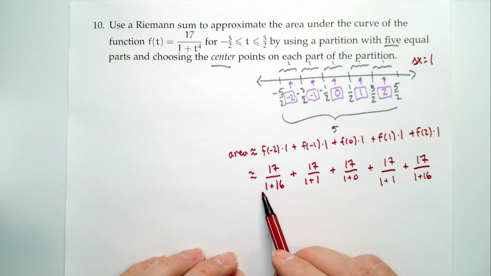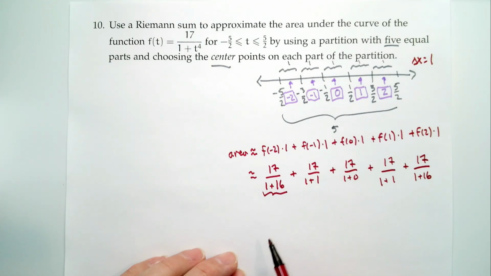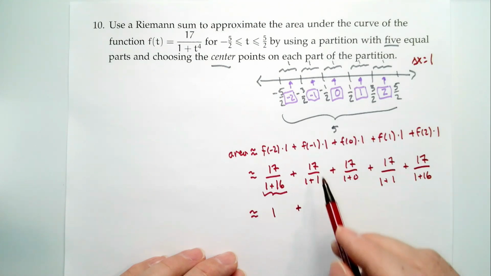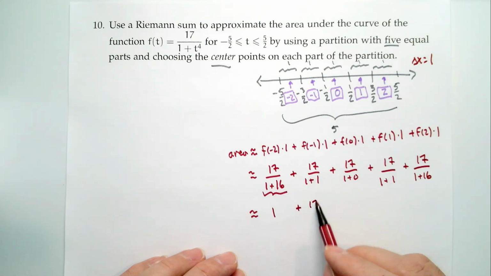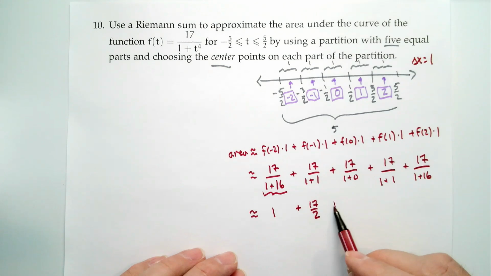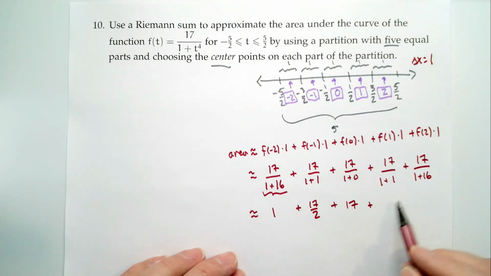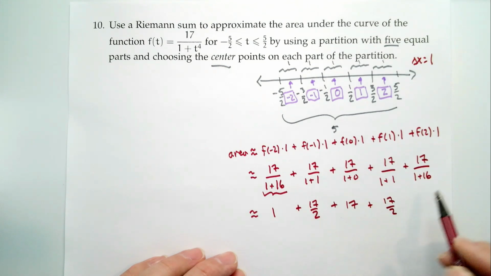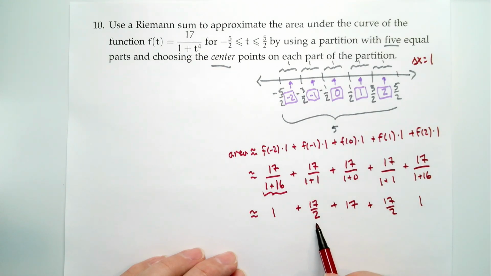So here we have 17 over 17, which gives us 1. Here, 17 over 2. Then there's 17 over 2 again, and here we get 1. Now, notice we have a 17 over 2 and another 17 over 2.